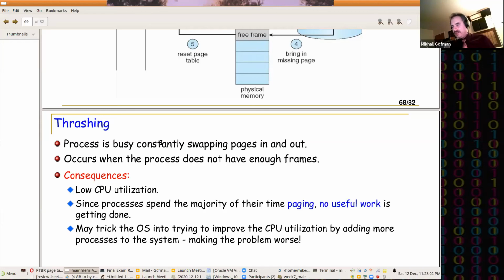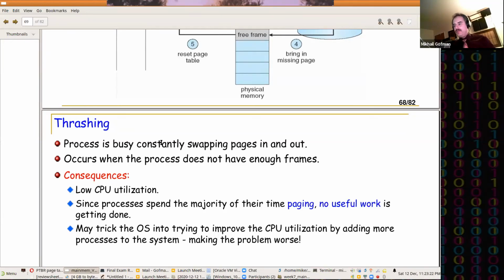And then let's say that the process now requests another page that also happens to be on the disk. And maybe it is the same page as before. Okay, so the process wanted to access page A. Page A was on the disk.